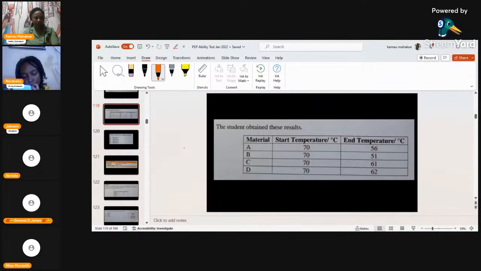C: 70 degrees Celsius, 61 degrees Celsius.